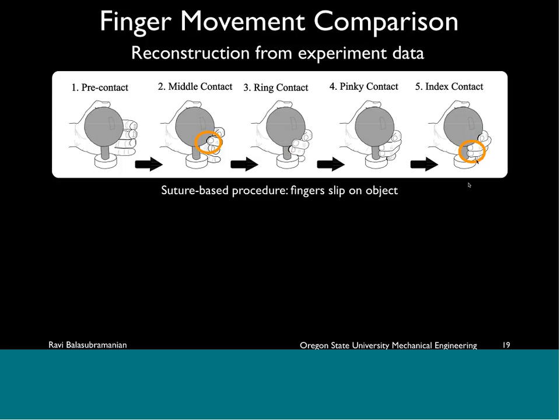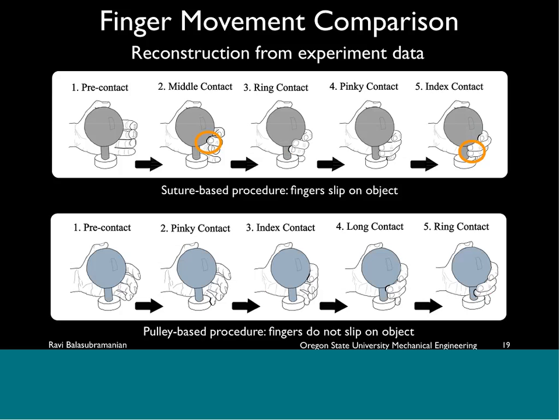Okay, and also the ring finger is forced to slide because the middle finger is colliding with it. Now, in contrast, in the pulley-based procedure, in this particular trial, it turned out that the pinky made contact first, and then the index finger, the middle finger, and then the ring finger.